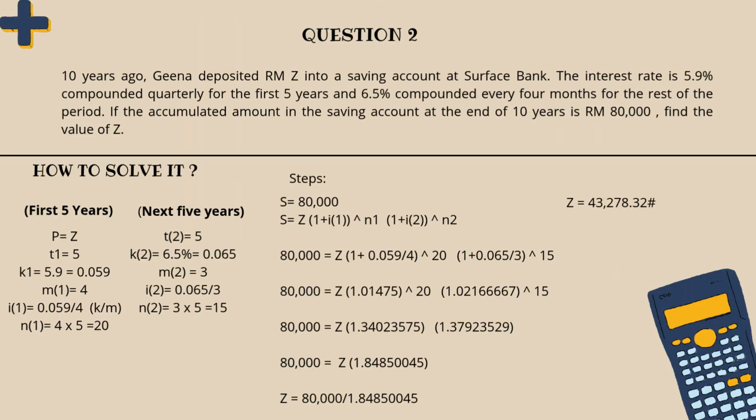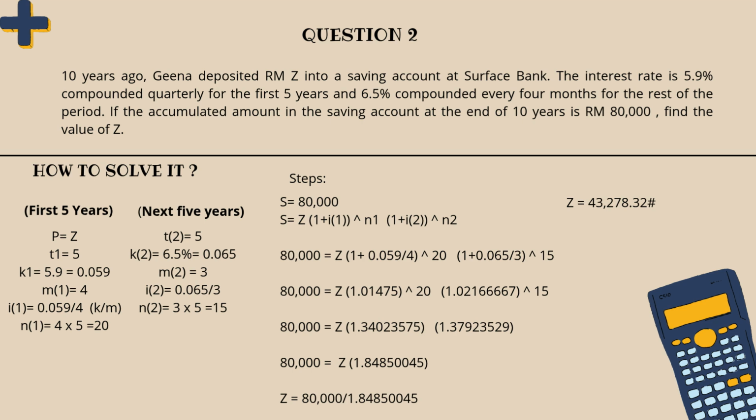Thank you. Now, for question 2, we need to find the initial deposit value, which is what Gina invested so that it accumulates to RM80,000 over 10 years. Now, looking at the how to solve it section, on the left, we split the data into two parts.